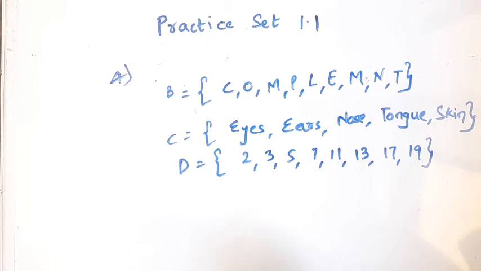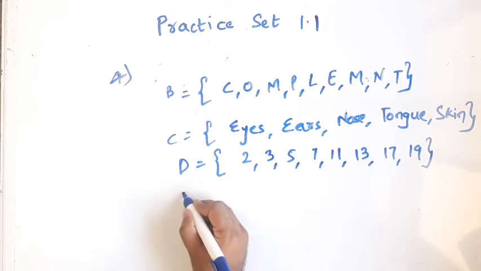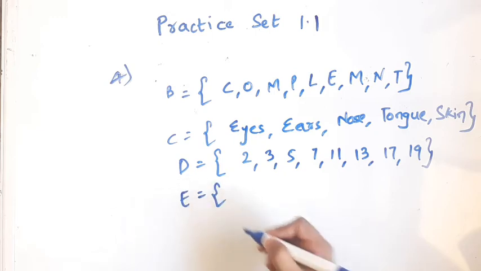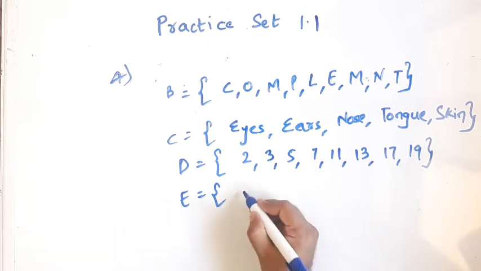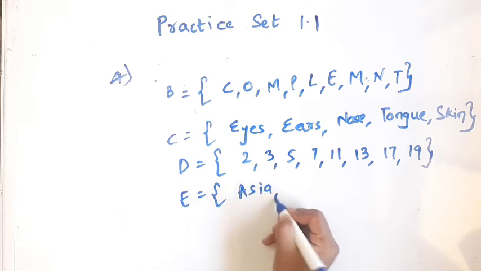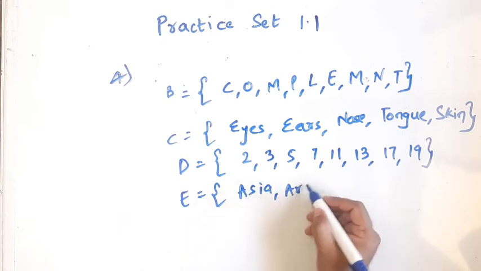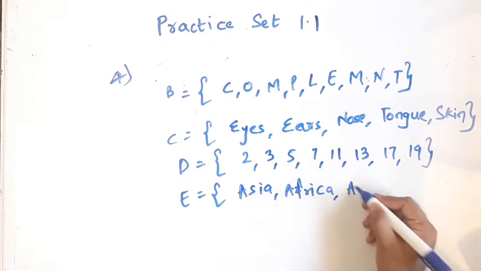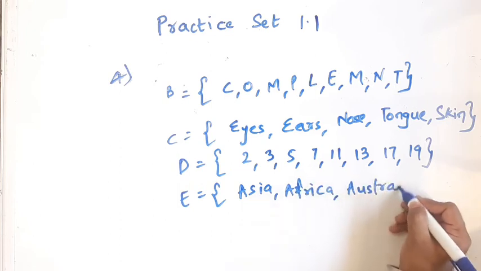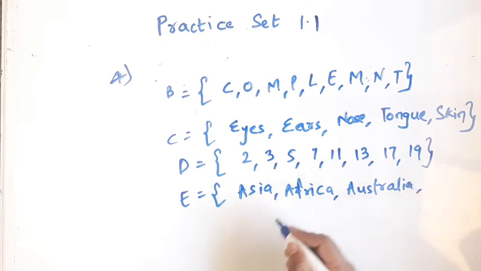Okay, and then you have set of all the continents of the world. Okay, so you know, first we'll take from Asia, then I'll write Africa, then I'll write Australia, then I'll write Antarctica.